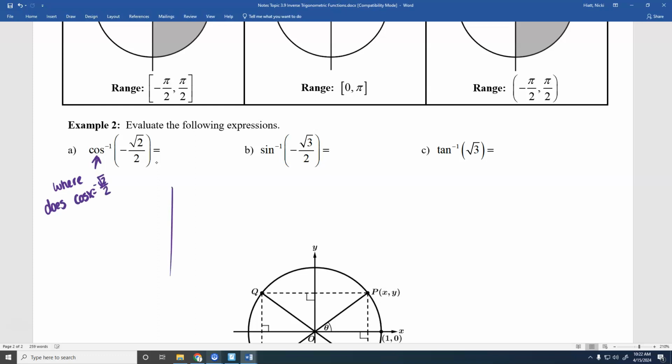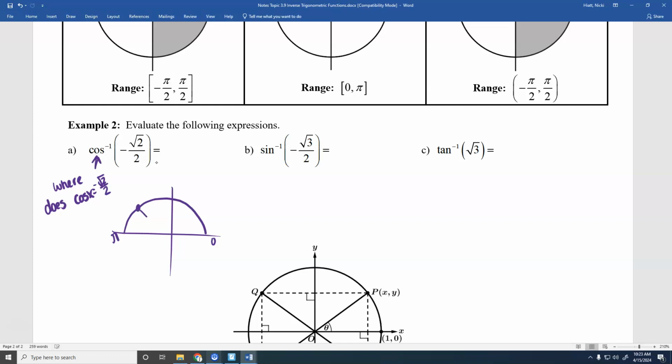We're thinking on our unit circle, and we are only looking at the top half of the circle, because for cosine we want to go from 0 to pi. I'm looking for negative square root of 2 over 2. Where is that going to happen on my unit circle?